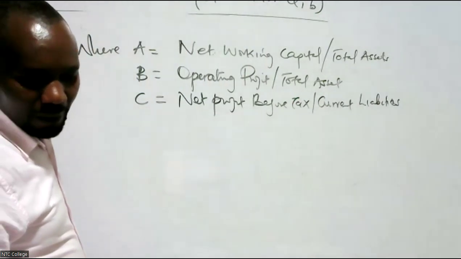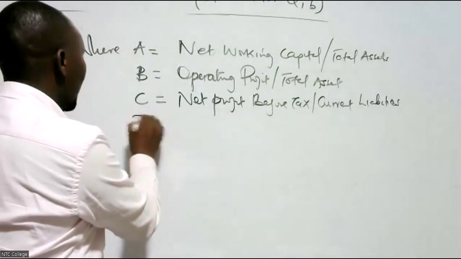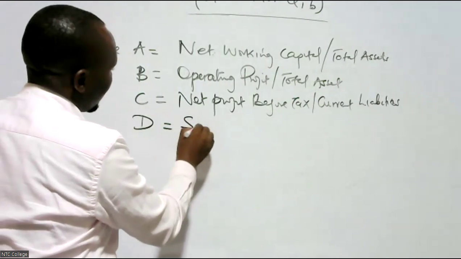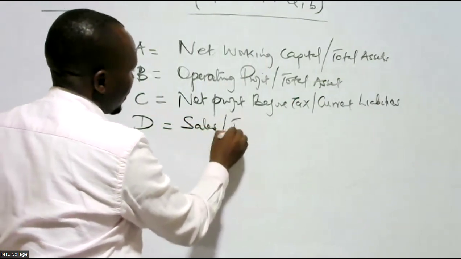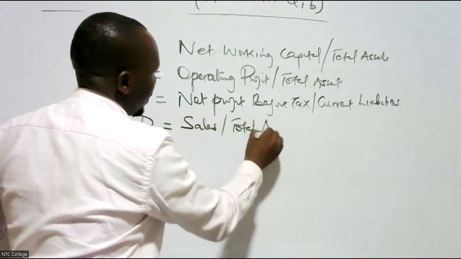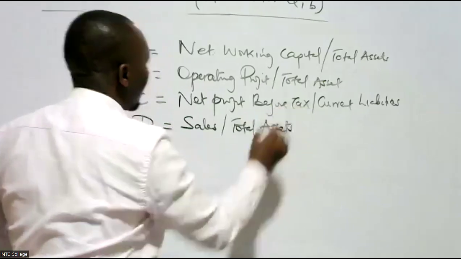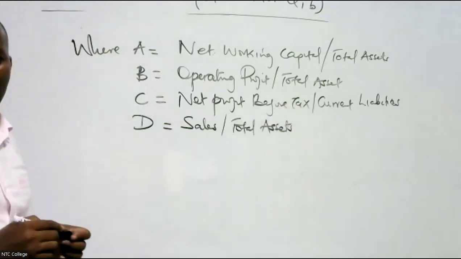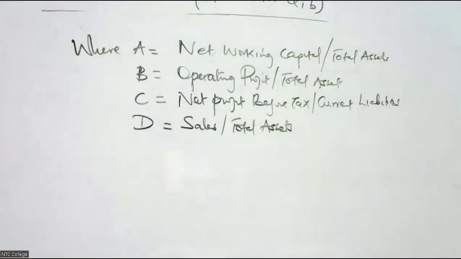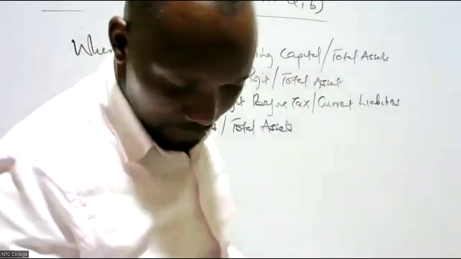Then we have D sales all over total assets.